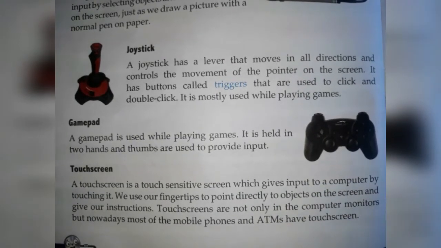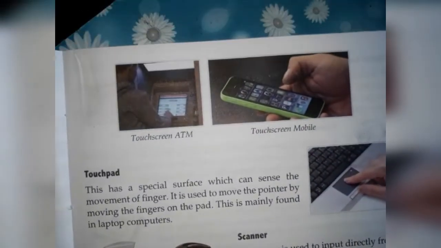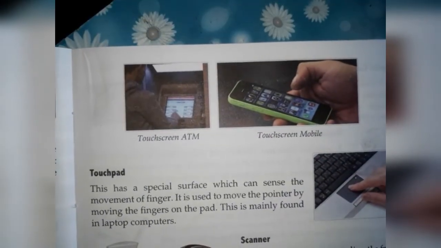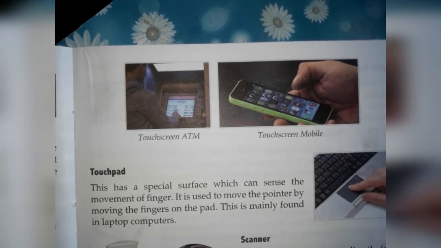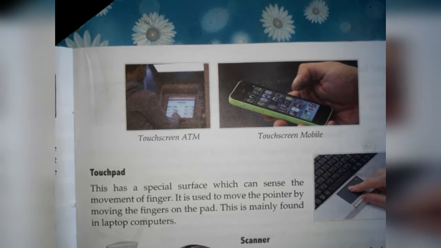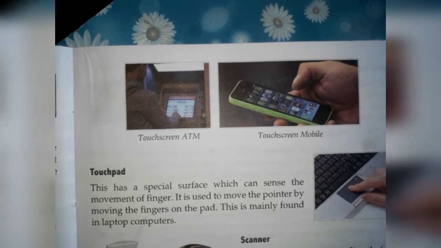Whenever we go to our ATMs, there are two types of ATMs we see in our city. One operates on some buttons which are given on the ATM, and one which we can use by touching on it. So this is a type of input device from which we give input to our computer.